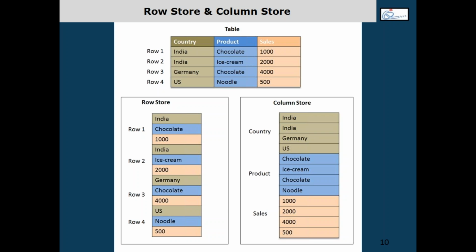It finds a page which is free and inserts the data into that particular page. So when I say row store, each record is stored in one continuous memory location. And when I say column store, all the values of one column are stored in one continuous memory location. All the values of column country are stored in one memory location, all the values of column product in one, and all the values of column sales in one.